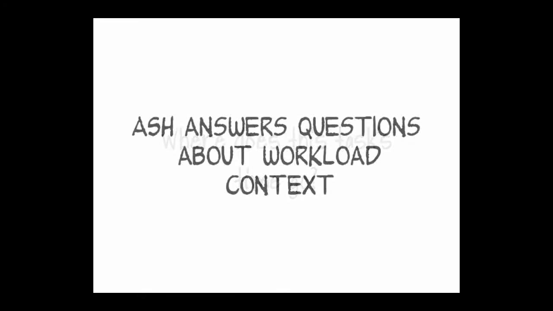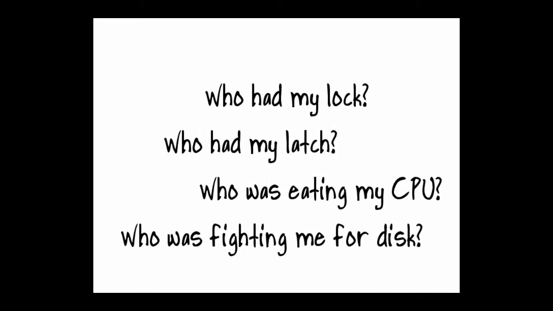Now, ASH is awesome in that it answers questions about workload context. So for example, what happens if I trace a program and I find out, oh, I waited 6 seconds for an enqueue of a particular type that leads me to believe that I need a lock on a row that some other process is holding? Well, the trace data doesn't show you that. What happens if I find out that, oh, my process has been preempted and it was wanting to get CPU, but it couldn't, and I can see that in the trace data?